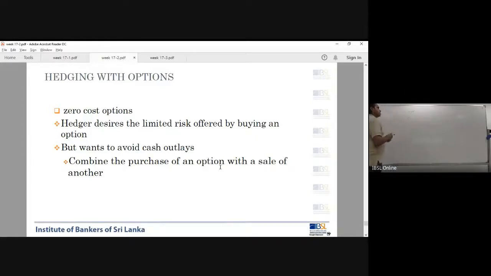So if the market is between the strike price of the put and the strike price of the call, nothing happens. But the moment the market goes above the strike price of the call, your call option becomes in the money. And the moment it falls below the strike price of the put, the put option becomes in the money. So this is how the market will operate.